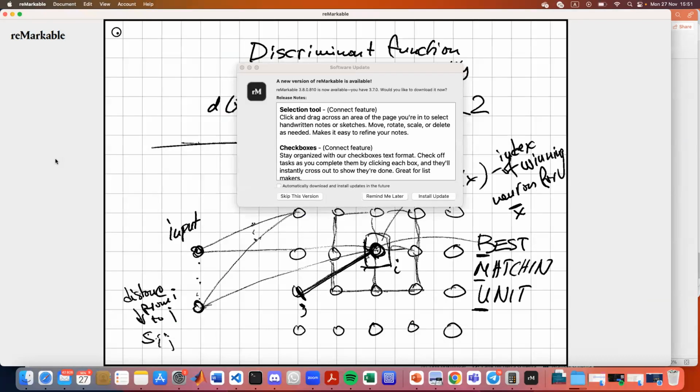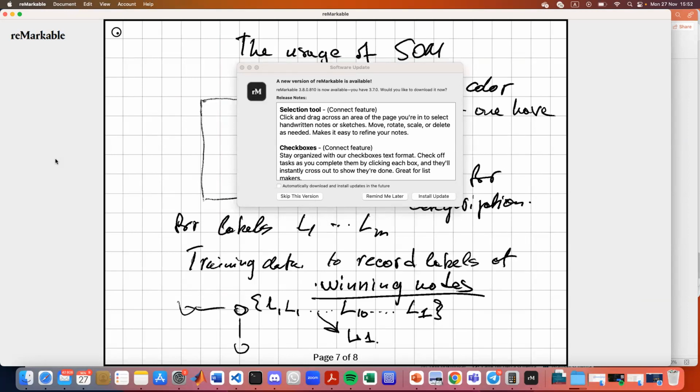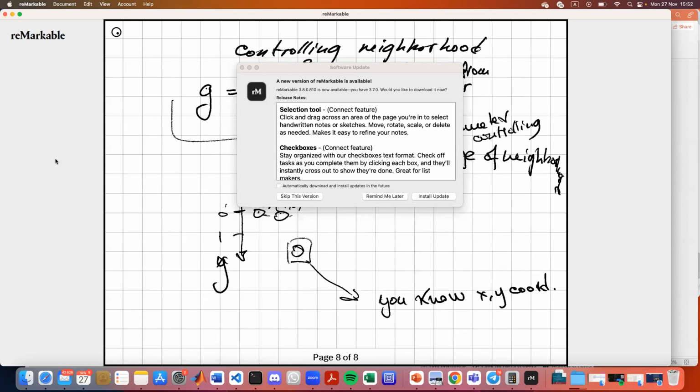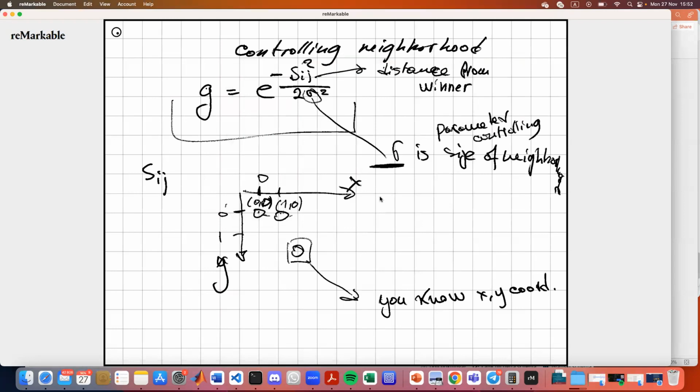Let me show you here. So S, let's spell it out, S-I-J. Sij, so this is a Euclidean distance.